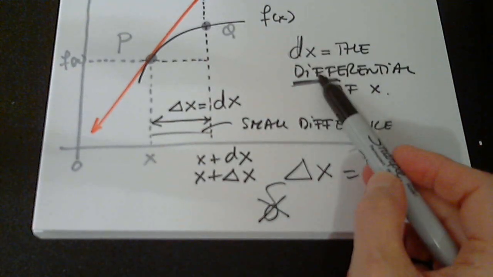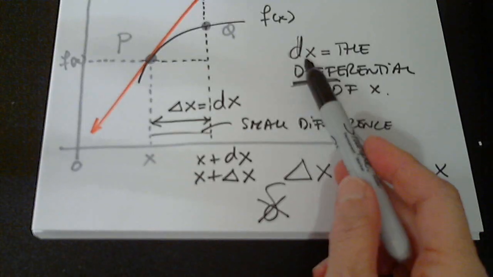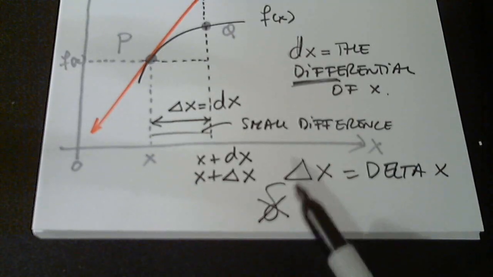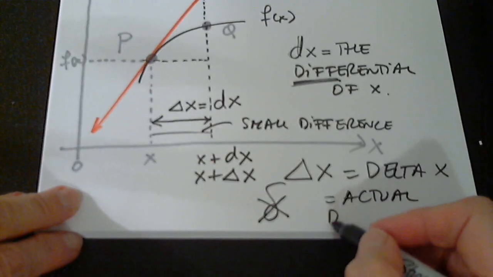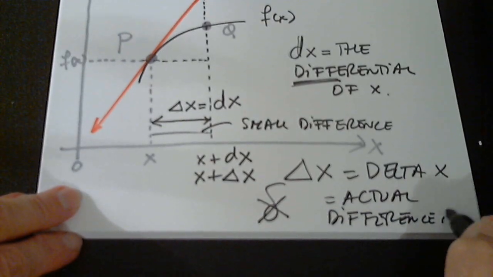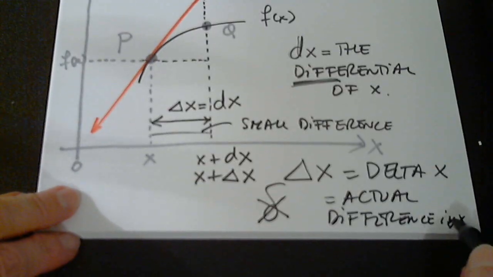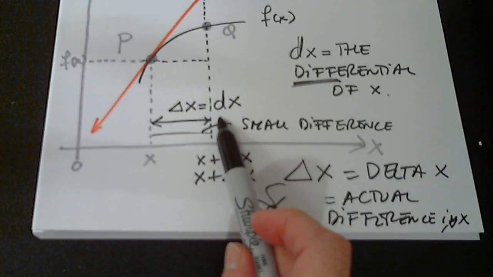has nothing to do with the derivative because it doesn't have d in front, because it has delta. And this is the actual difference in x. It happens that it is the same as dx.